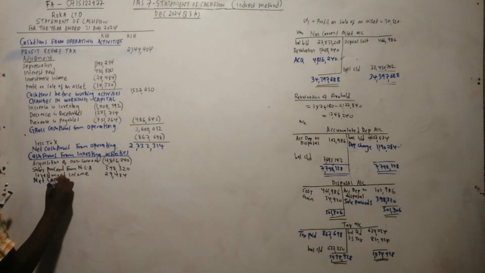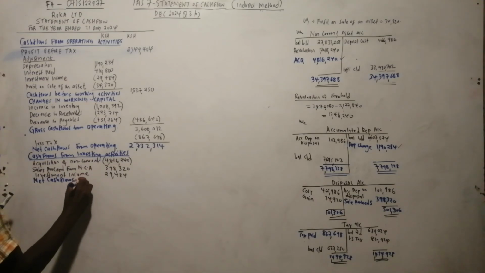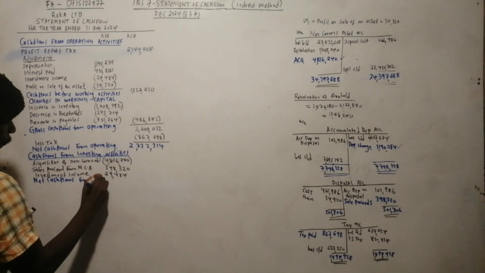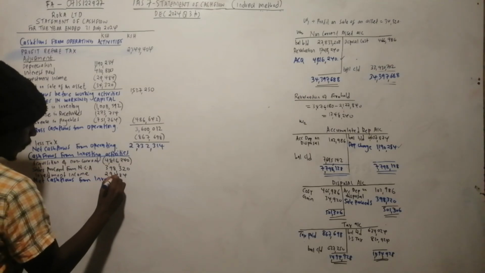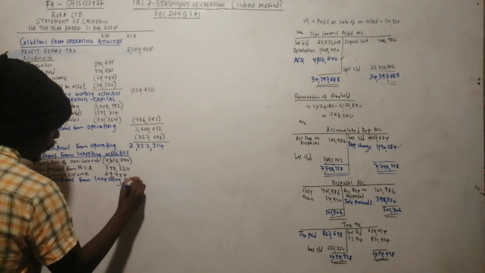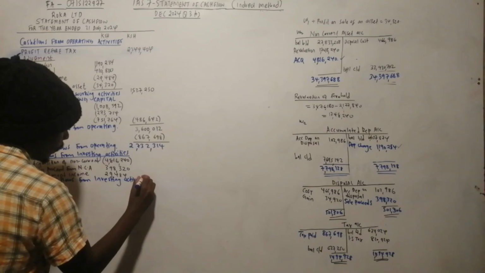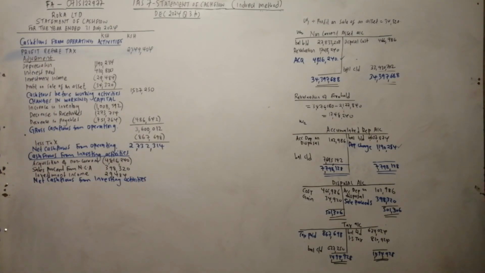So let's get the net cash flows from investing activity. So let us add them together. So tunasema minus 4816 to 40 plus 398 320 plus 29 484.